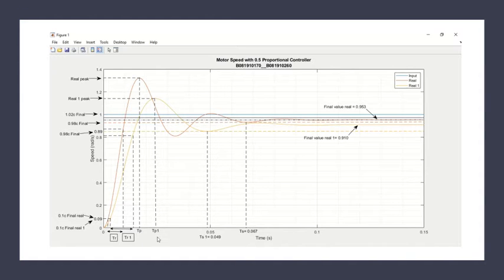For the real 1 peak, I have got my value as 1.141. For the real peak, I have got 1.30.